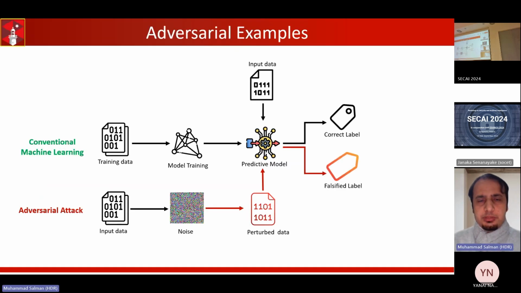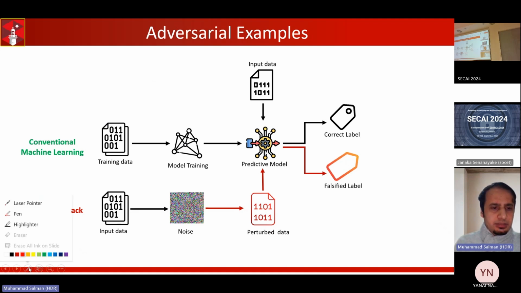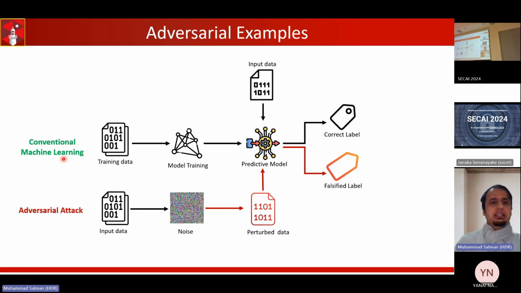So let's first begin with a simple definition and background of adversarial examples. Adversarial examples are imperceptible slight modifications to input data with the goal of deceiving a target model. In traditional machine learning, a model is trained on clean and unmodified training data.